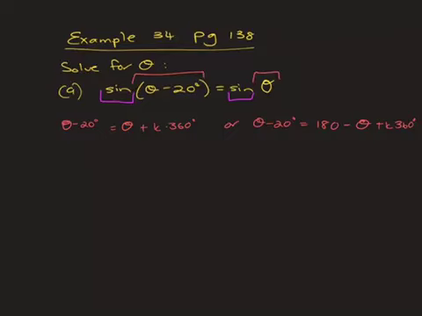All right. And so I'm going to take the thetas across. We end up with 0 theta here, which equals 20 degrees when I take that 20 across, plus k 360 degrees. So when you end up with a 0 theta, it means that for this part of the question, there is no solution. That's it. Done.